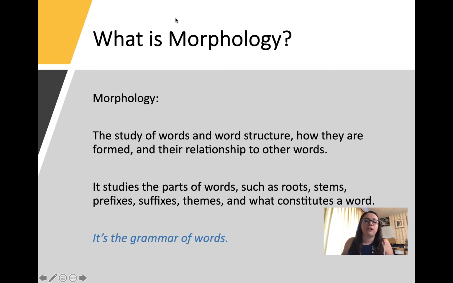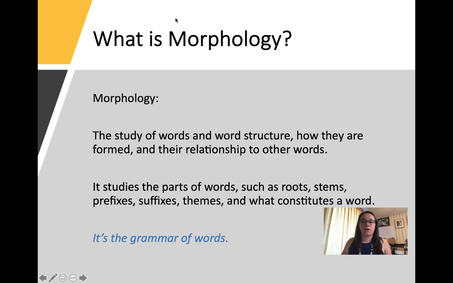So what is morphology? Morphology is the study of words and word structure. Therefore, it's the study of how words are formed. And because words share parts with other words, it's the study of words' relationship to other words.